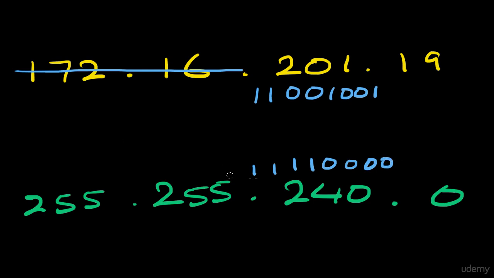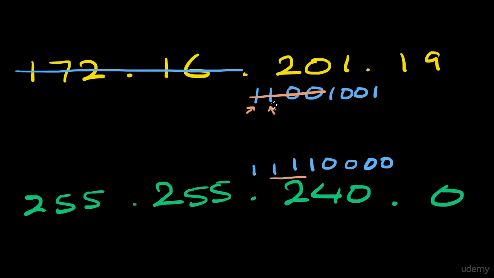If we look at it carefully, these 4 ones are covering these 4 bits. What is the value of these 4 bits? This column here is the 128 column. This is 64. These other 2 columns have zeros in them, so it doesn't really matter what value those columns carry.